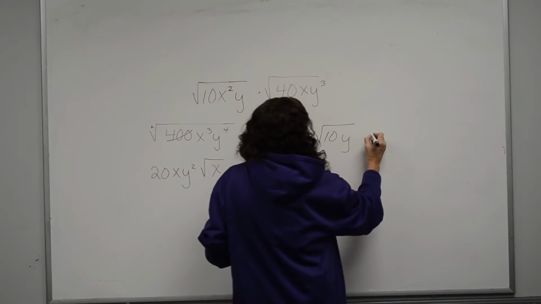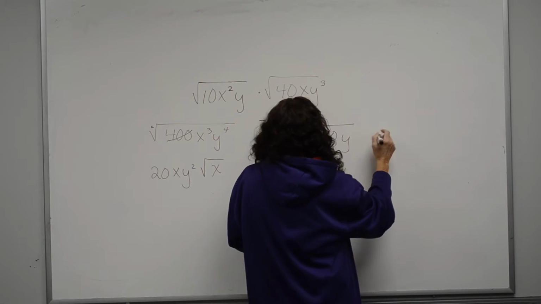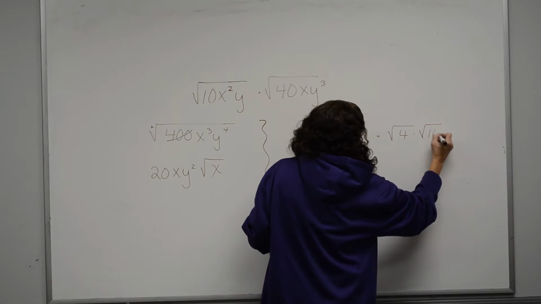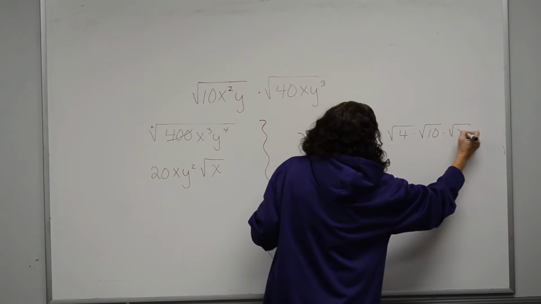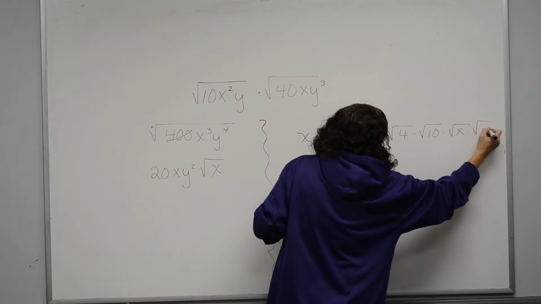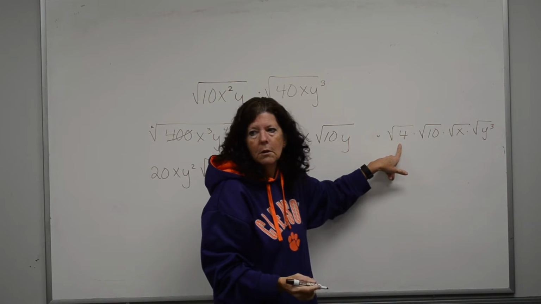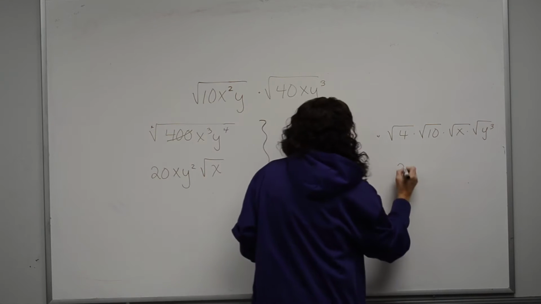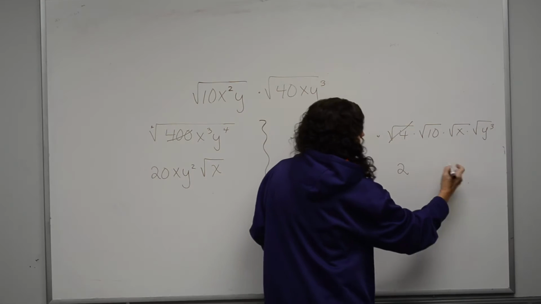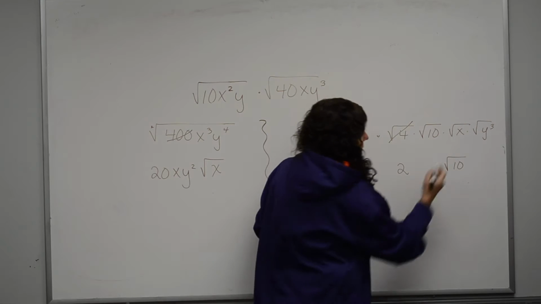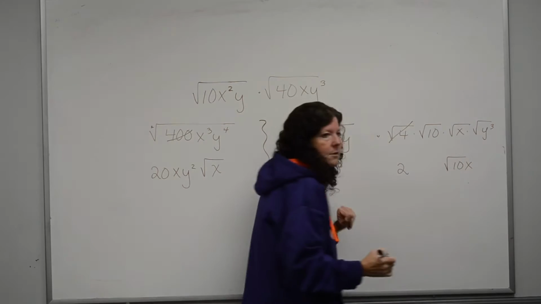So I can look at this as the square root of 4 times the square root of 10 times the square root of x times the square root of x cubed, right? What's the square root of 4? 2. Okay, so I've done that. I can't take the square root of 10, still leaving that underneath the square root. I can't take the square root of x, still leaving that underneath the square root.